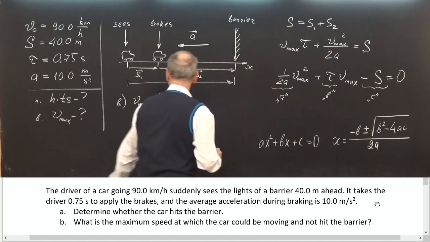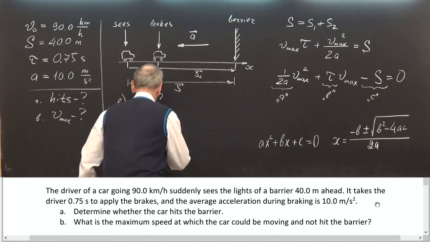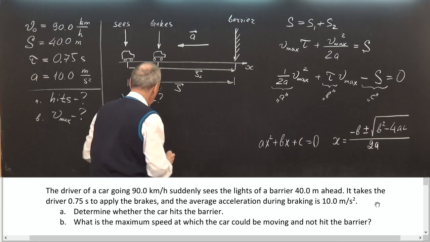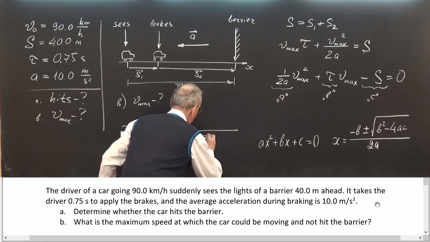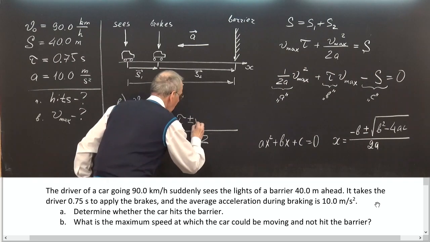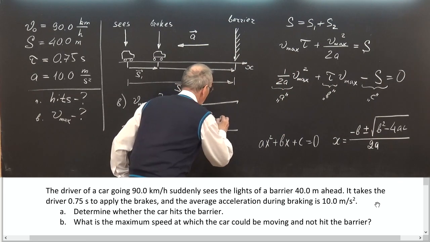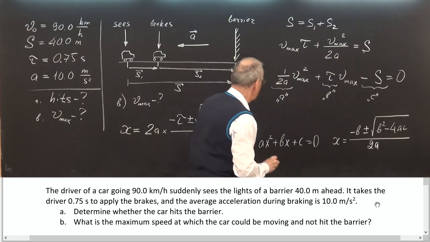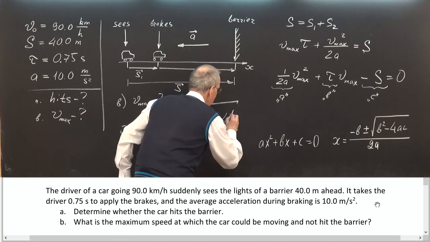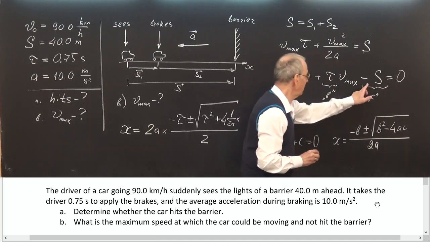And use this formula. x equals 2a in the denominator, so 2a goes before the fraction, times minus tau plus or minus the square root of tau squared minus, with this minus giving plus, 4 times 1 over 2a times s.